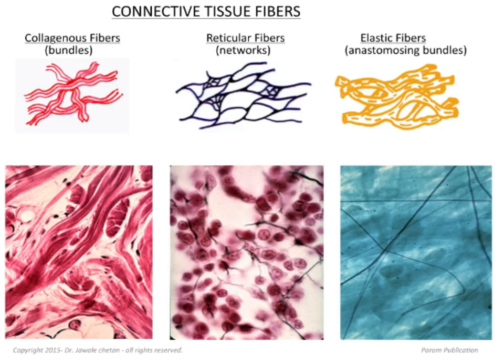Connective tissue fibers. Now all these connective tissues are made up of different types of fibers. Majorly, collagenous fibers, which are in bundle form, reticular fibers, which are in network form, and elastic fibers. Elastic fibers are anastomosing in bundle form.